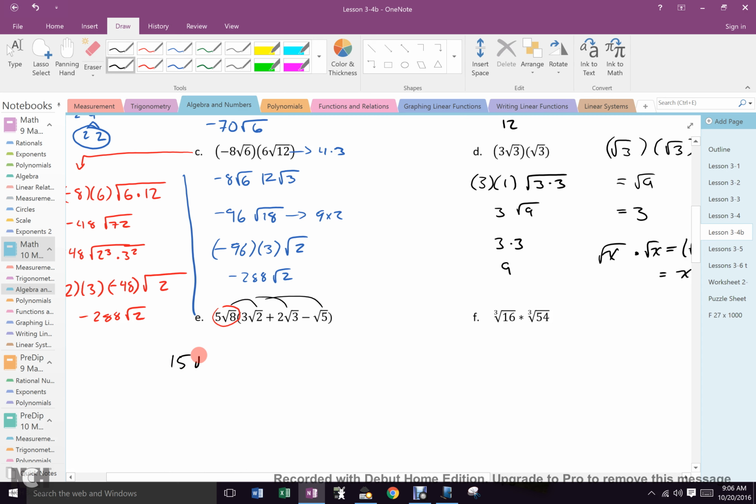What's 8 times 2? Root 16. Plus, what's 5 times 2? 10. What's 8 times 3? Minus, what's 5 times 1? 5. And 8 times 5? Root 40.